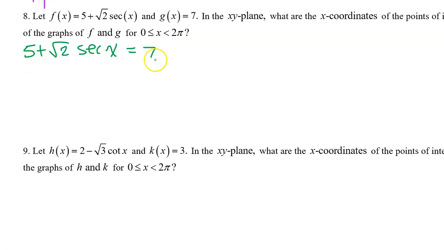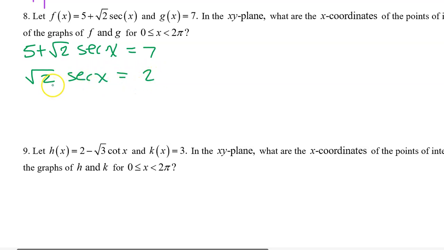First, we subtract 5 from both sides. That leaves radical 2 secant x is equal to 2. Next, we divide both sides by radical 2. That will leave the secant of x is equal to 2 over radical 2.